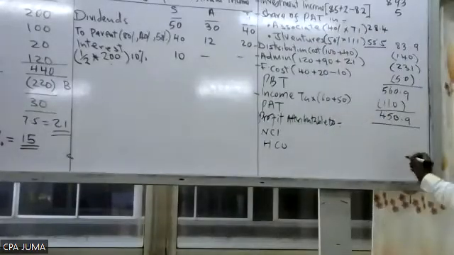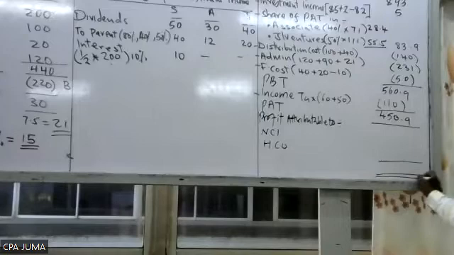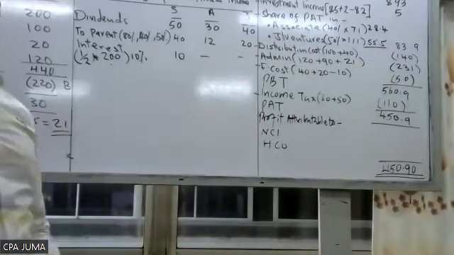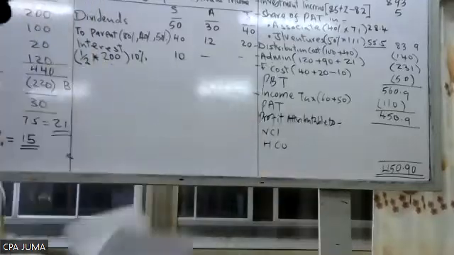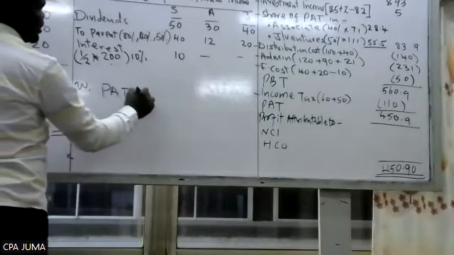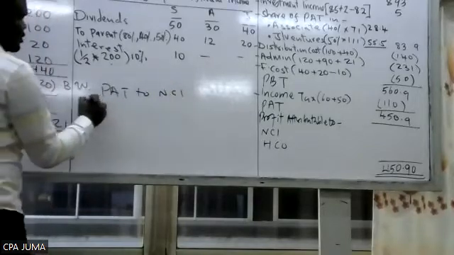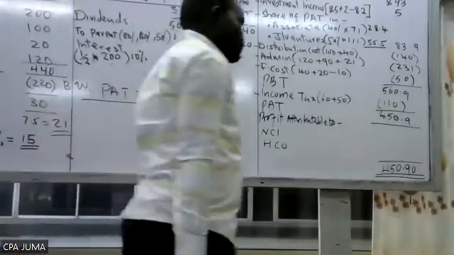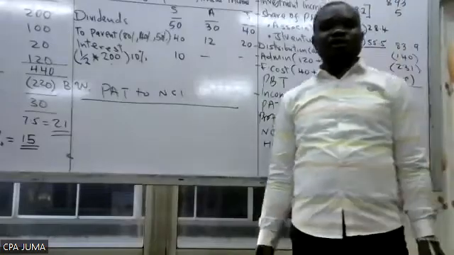And once they share, you will comfortably come back to 450.9. So have an outside working for PAT to NCI. So PAT, that is your working, PAT to owners, PAT to NCI.